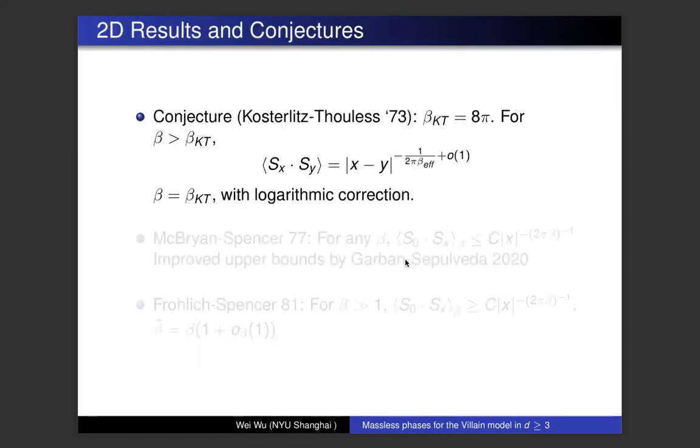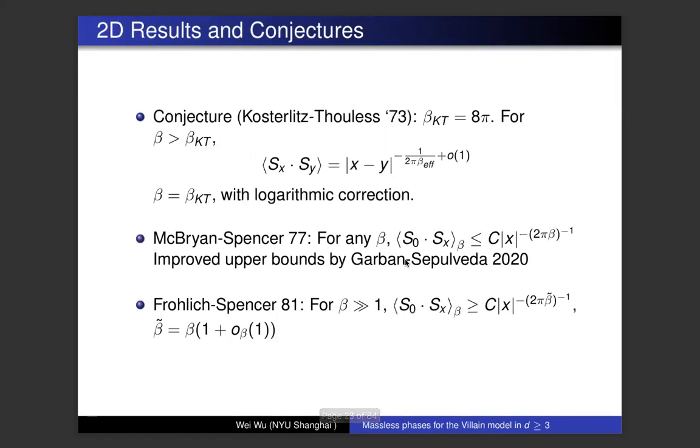Based on these beliefs, they made the following conjecture: the presence of the vortices will change your exponent in 2 dimensions. So in 2 dimensions, if you're above 8 pi, you expect power law decay, but the exponent will be different and will be corrected by the vortices.